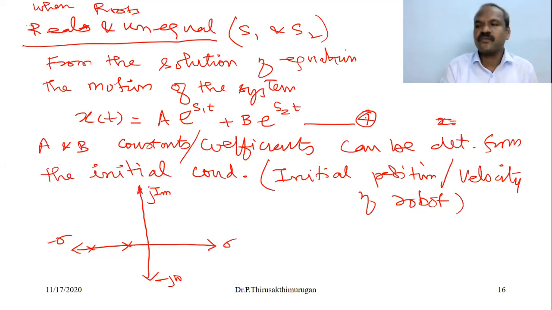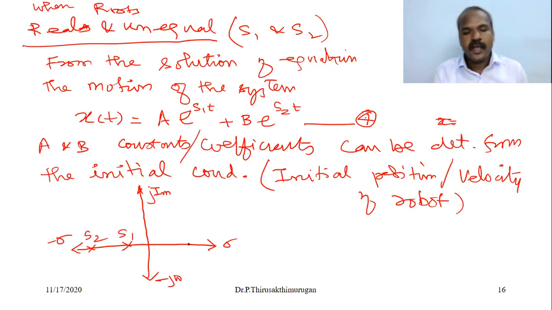The time response for non-zero initial conditions, when the pole-zero locations are in the left half of the plane, in the case where one of the poles is much greater than the other. Among the two poles S1 and S2, one pole is larger.